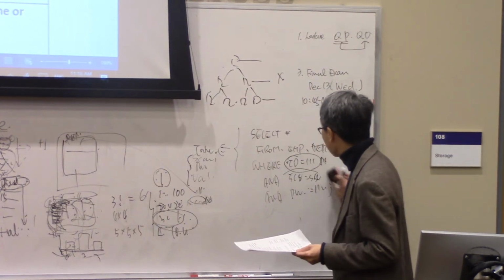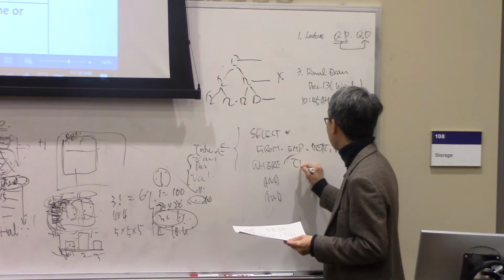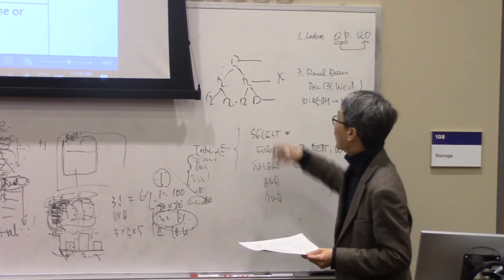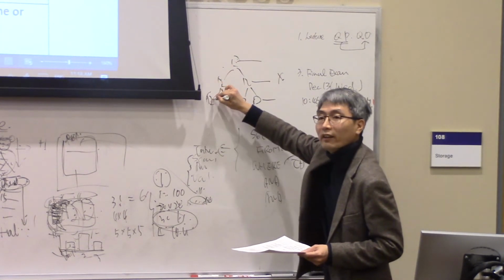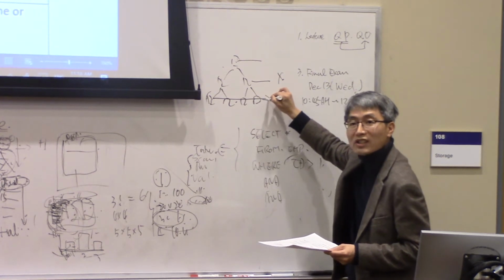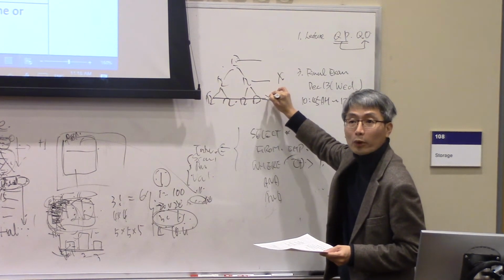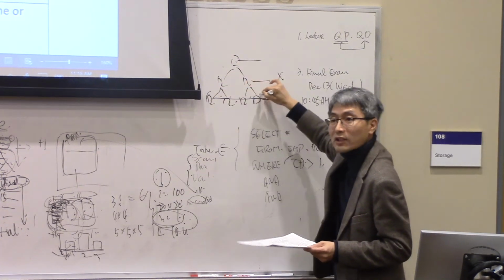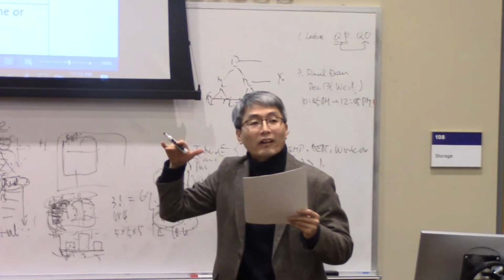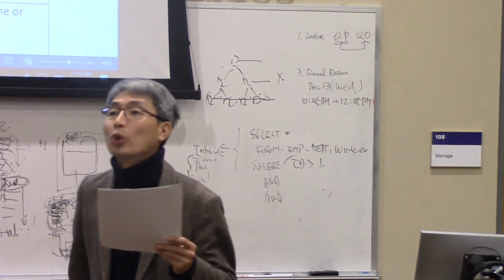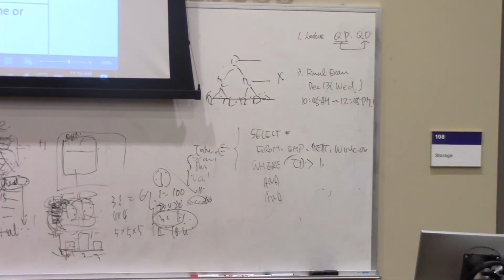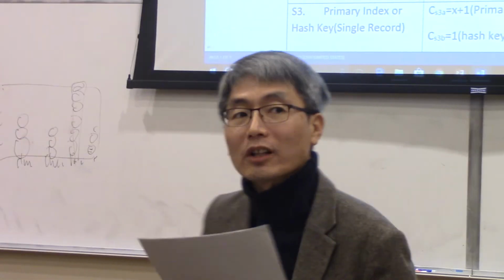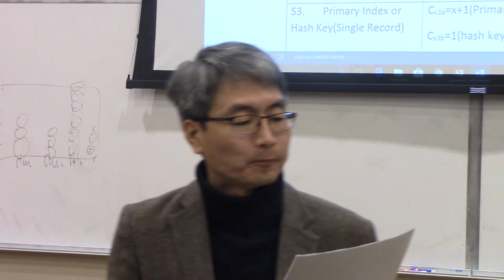Like for example, in this case, the ID is bigger than 1. First, you need to find the 1. Then you can use the sibling pointer. You don't have to go up and down, 1, 2, 3, 4, 5, 6. So the first level, leaf level nodes, how many nodes do you have? That is the BL1. First level leaf node blocks.